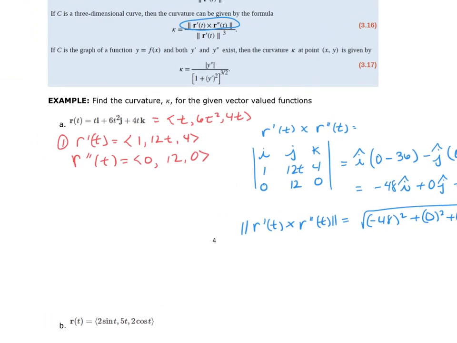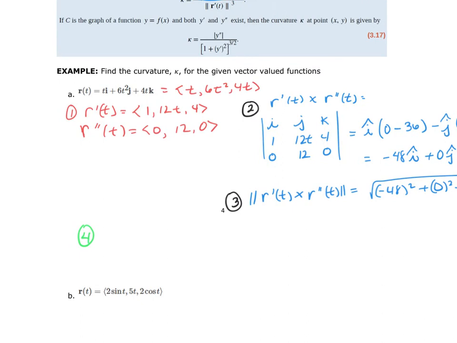So our first step was to find the first derivatives. Our second step was to do the cross product. The third step was to find that modulus. The fourth step is I do need to find the modulus of my first derivative.